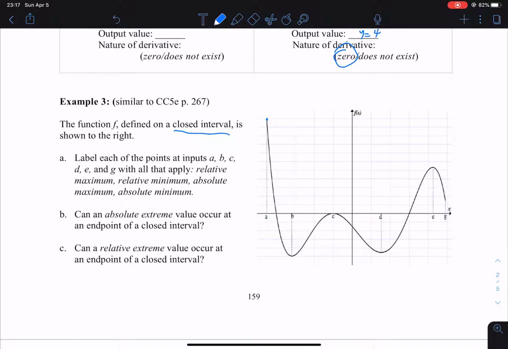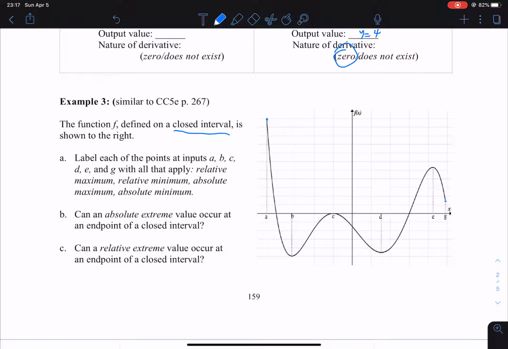That means the 2 boundary points, the 2 endpoints, are in the function domain. So the first question: label each of the points at inputs A, B, C, D, E, and G with all that apply: relative maximum, relative minimum, absolute maximum, absolute minimum.